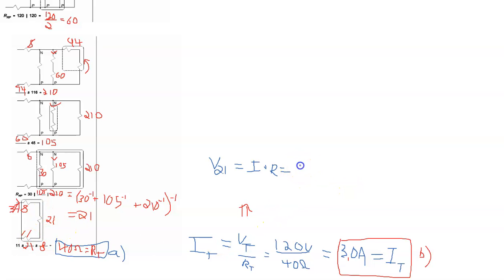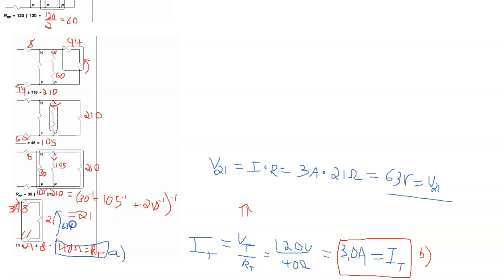So we have 3 amps multiplied by 21 ohms, and that gives us 63 volts for V21.